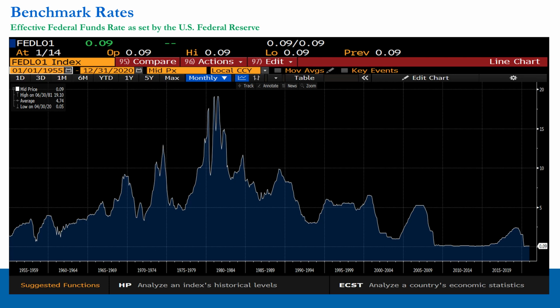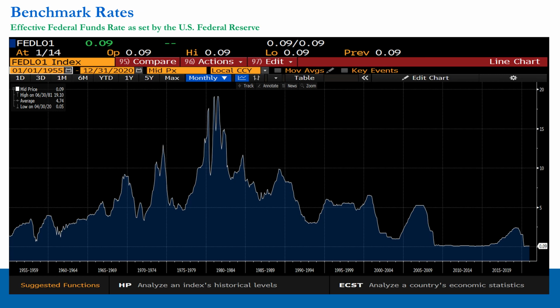Okay. Now, of course, we've had these blips in between where rates have gone up. So in the late 80s, in the mid 90s, in the late 90s, in the mid 2000s, and more recently, in the mid teens. But the official rate in the last 35 years or so has been on a consistent and steady decline.